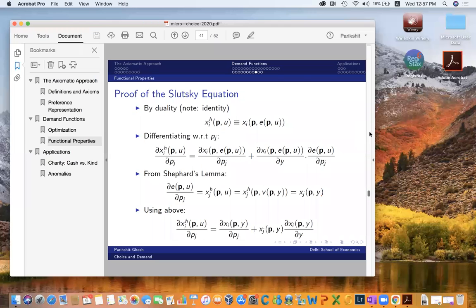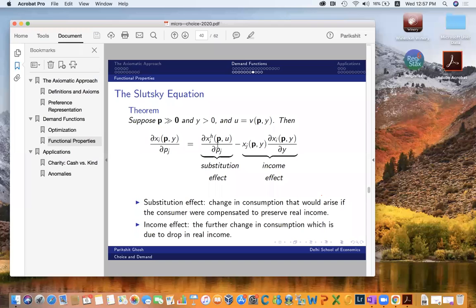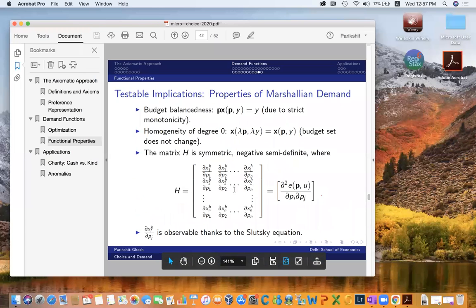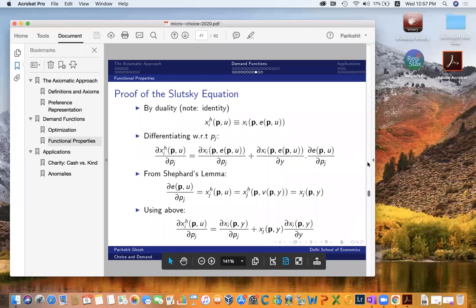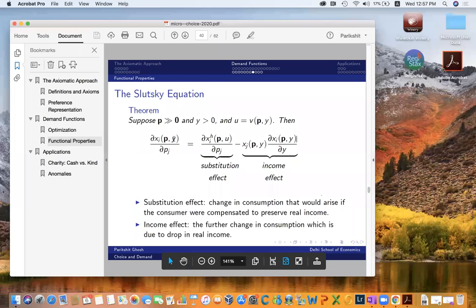That's where the Slutsky equation comes in. Look at the Slutsky equation. Slope of Marshallian demand function is slope of Hicksian demand function plus the income slope of the Marshallian demand function. So take the second term to the left-hand side. So we can replace all the slopes of these Hicksian demand functions in this matrix by the corresponding slopes of the Marshallian demand functions as per the Slutsky equation, okay?